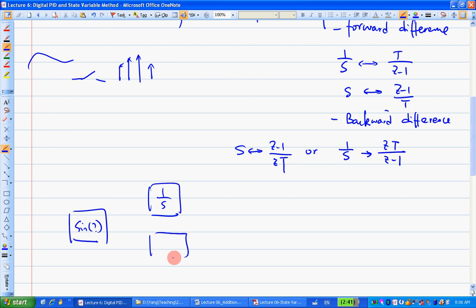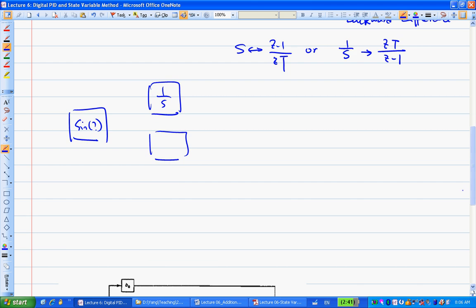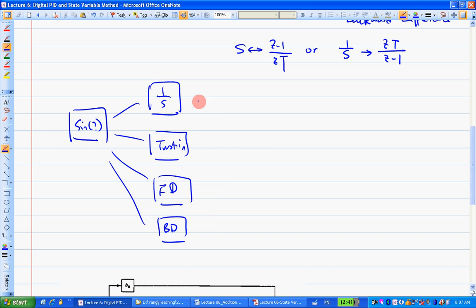Then you create three other blocks: one is Tustin, forward difference, and backward difference. Feed the signal to each one of them and display it.